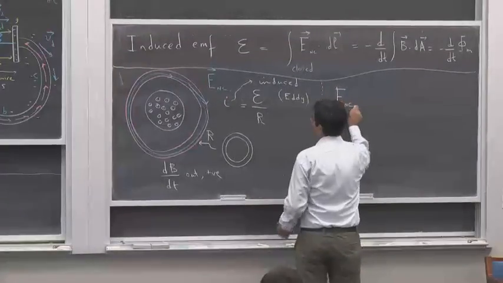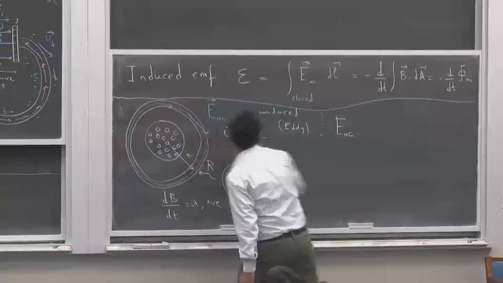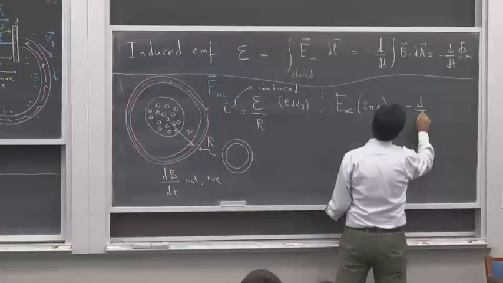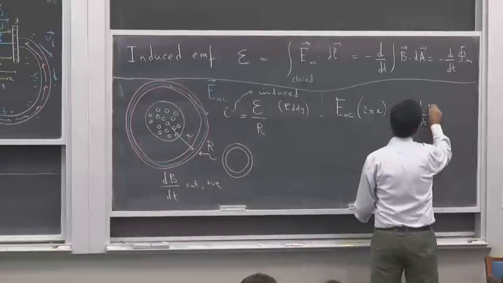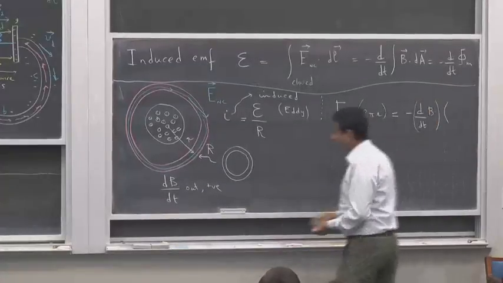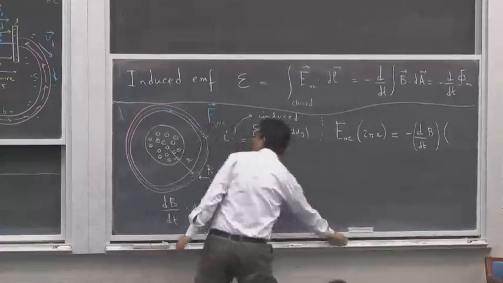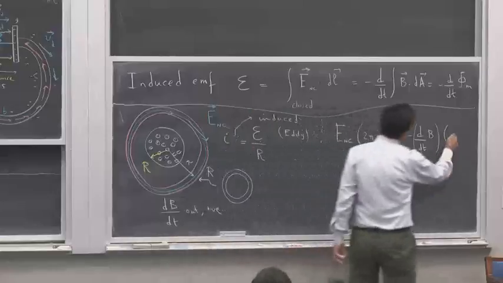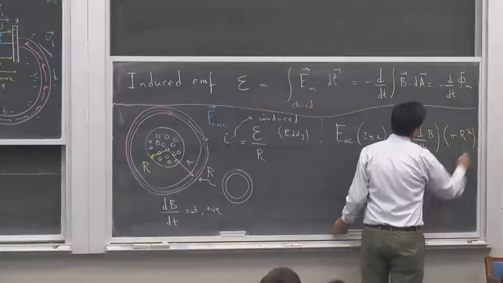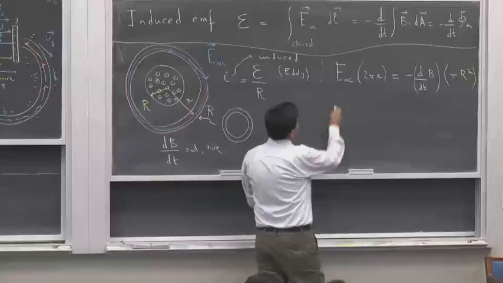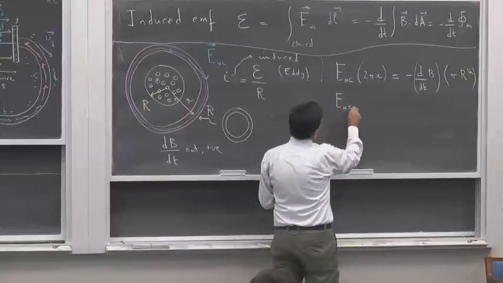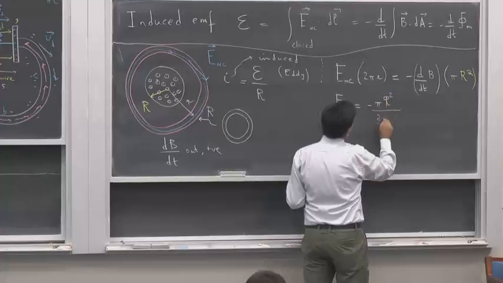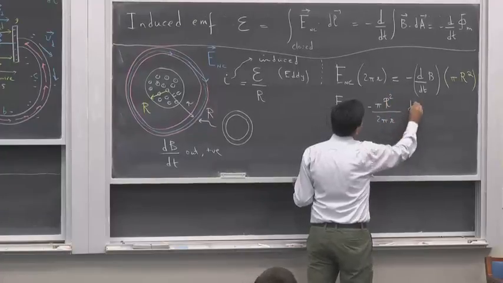E_NC, if this radius is r, times 2 pi r equals minus dB/dt times, if the field region's radius is capital R, pi R squared, which means that the non-conservative field will be given by minus pi R squared over 2 pi r times dB/dt.